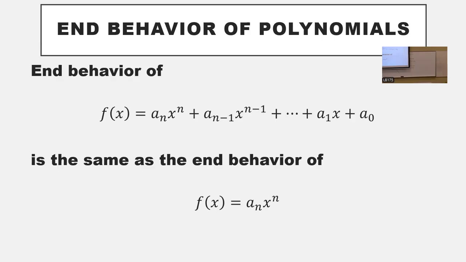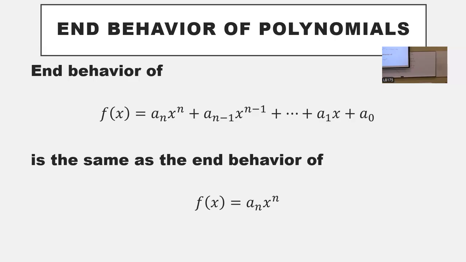Well, it turns out the end behavior of polynomial functions is going to be the exact same way as the end behavior of the leading term of the polynomial function. So the term with highest degree or highest exponent is going to determine the end behavior of the polynomial function.